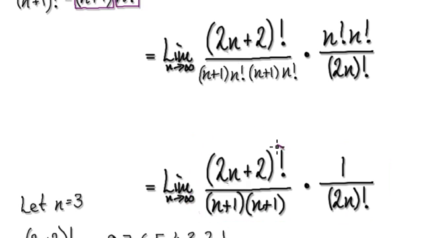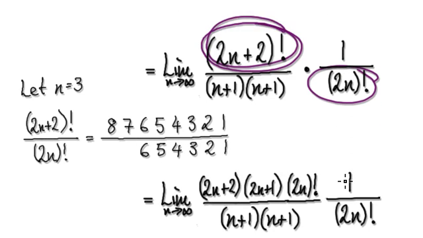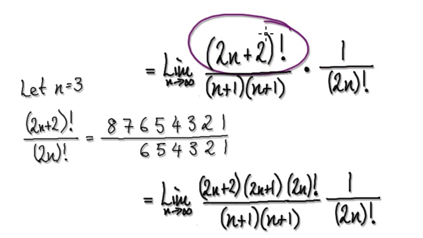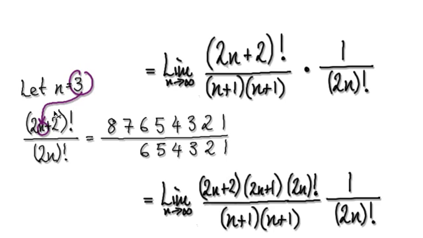So now let's try and understand what's going on here. You can actually simplify this, but let's try to understand. Looking at this, (2n+2)!. When you don't understand this, put something simple in for n. So let's put 3 in for n. 3 times 2 is 6, then add 2, so that would be 8.